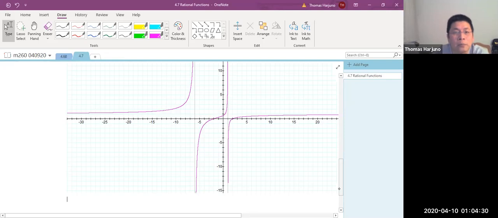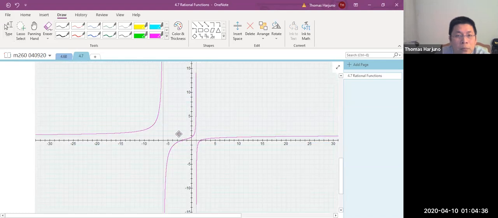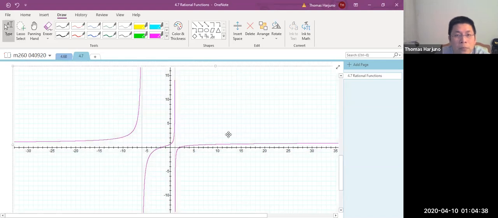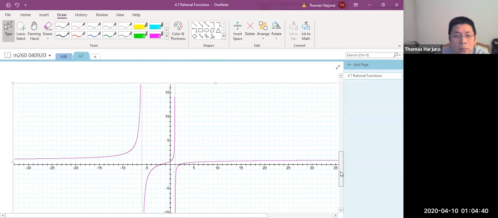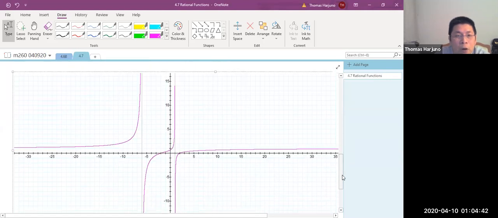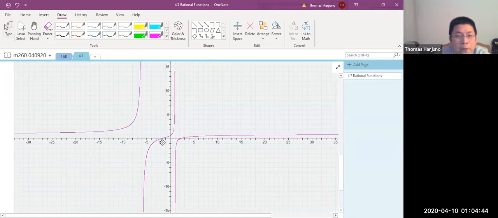Now, I give you this graph here. This is actually the graph of the first example.